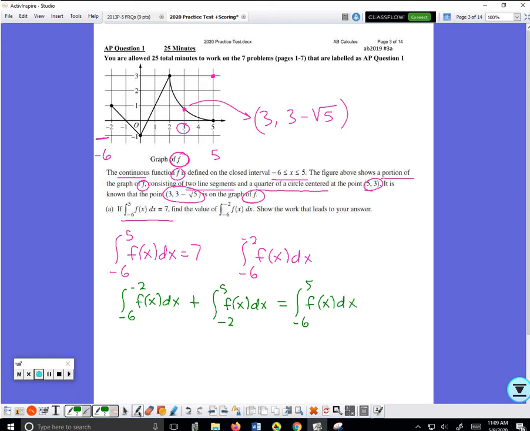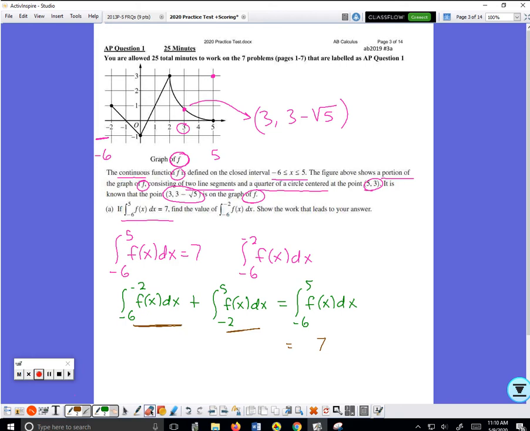We're trying to find this integral here. We know this integral's value is 7. So if we find this integral's value, we'll know the one we are seeking.